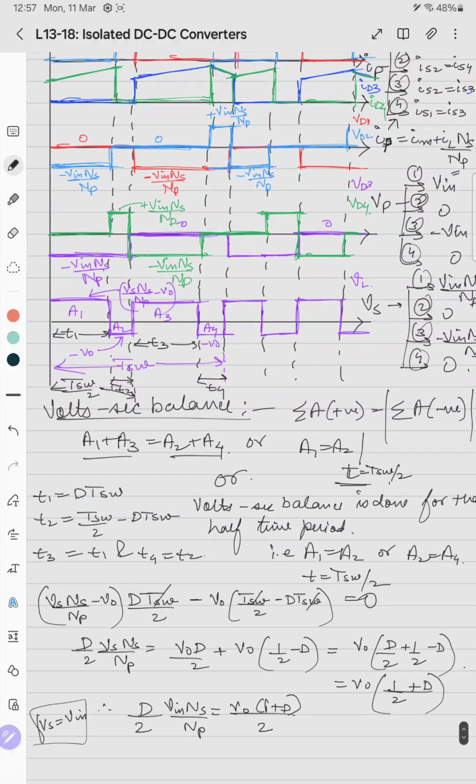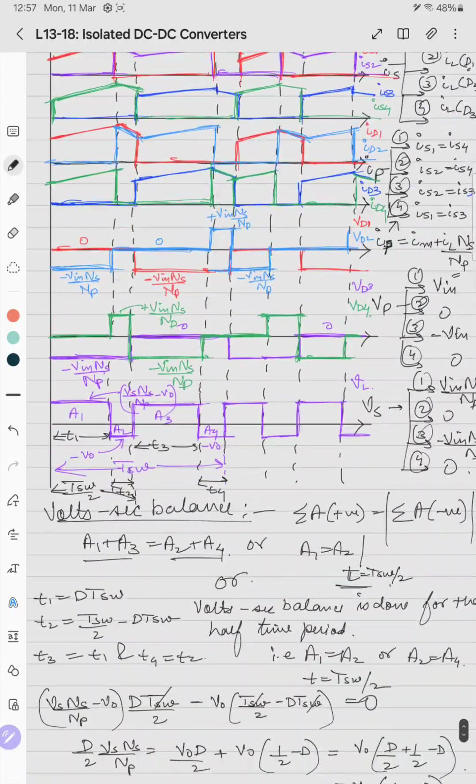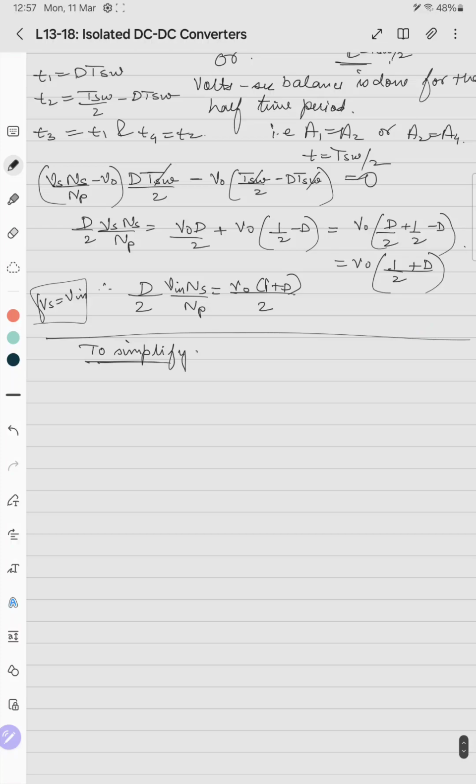I think there is some mistake in the calculation. Okay, to simplify the analysis, what was the volt-second balance?